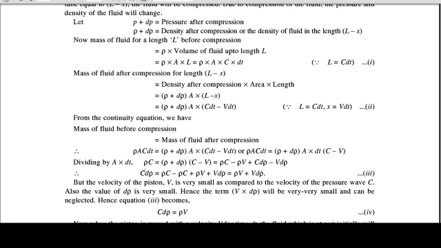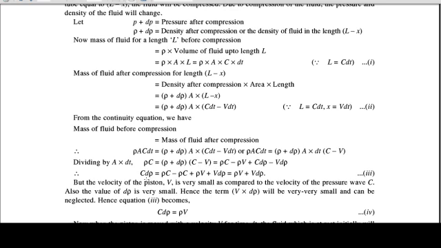Then after dividing we will get rho into C is equal to (rho plus d rho) into (C minus V), which must be equal to rho C minus rho V plus C d rho minus V d rho.